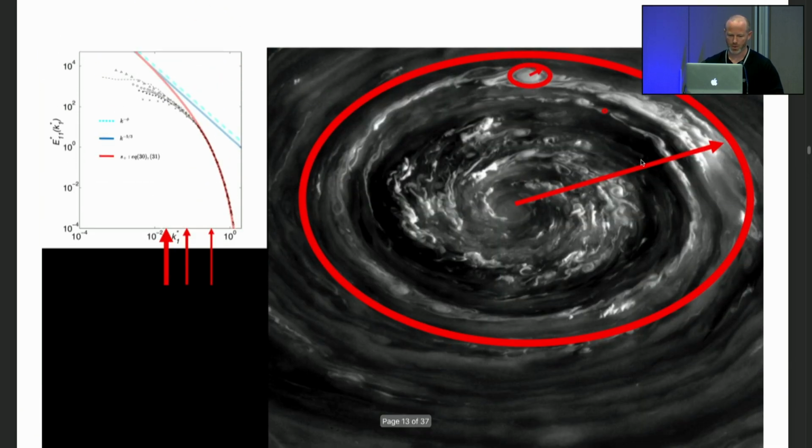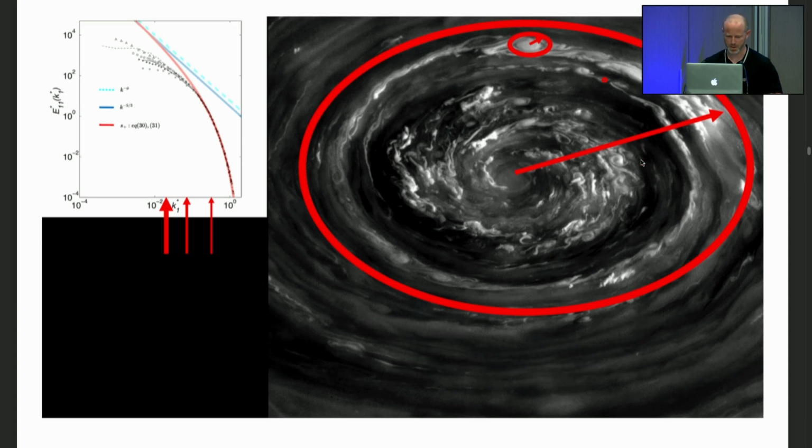But so Kolmogorov, about 10 years previous to his KAM theorem assertion, he actually went and proved that for turbulent flows, it follows this inertial scaling, or this power law, and he derived that.